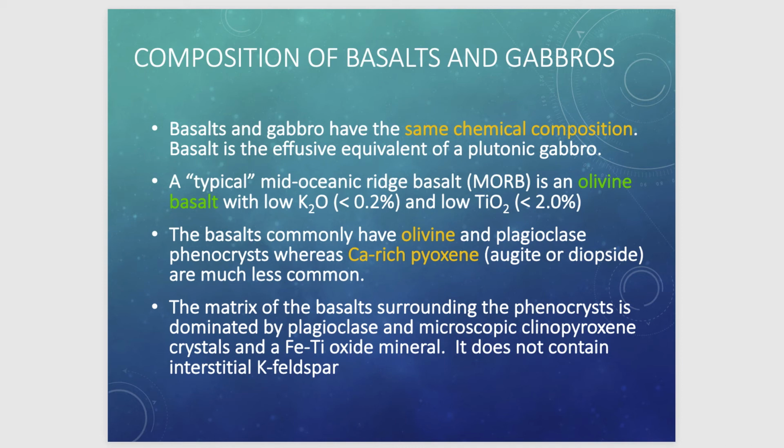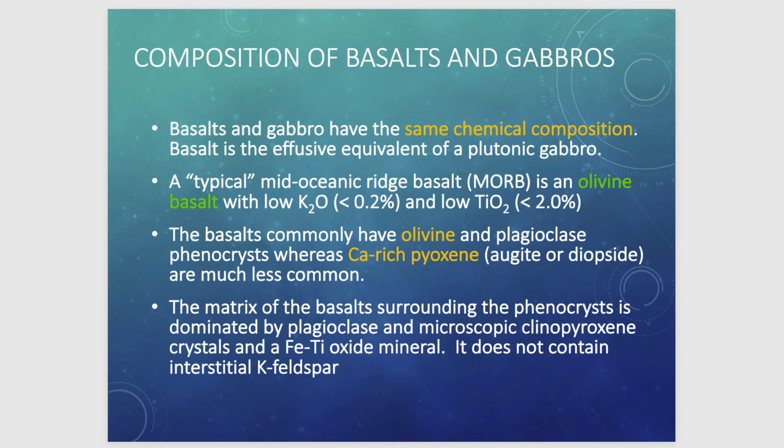Basalts that form early will have olivine, plagioclase, and quite often calcium-rich pyroxene. So you will have augites or diopside. We saw the example with the wehrlites earlier.